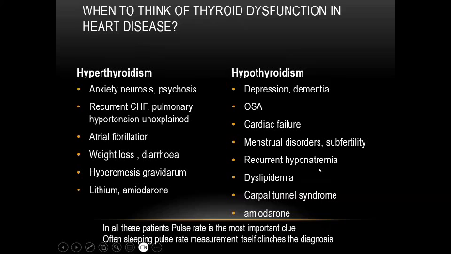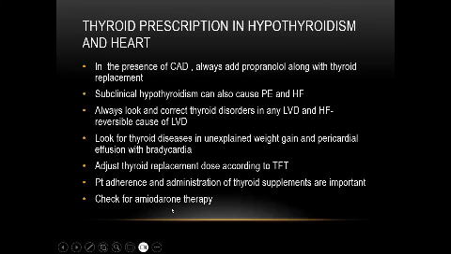Recurrent hyponatremia, you must suspect hypothyroidism, as well as dyslipidemia and carpal tunnel syndrome. Amiodarone can produce both hypo- and hyperthyroidism. In these patients, the pulse rate is the most important clue, especially the sleeping pulse rate. If the sleeping pulse rate is high, it is likely to be hyperthyroidism.